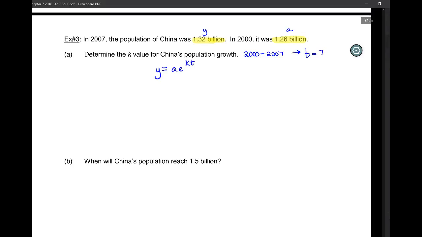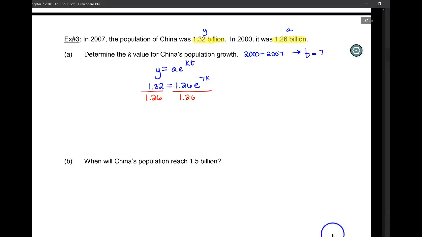Great. Let's plug everything in. We have 1.32 equals 1.26 e to the 7k. Now, is my k value going to be positive or negative? Positive. Definitely positive because it's getting bigger. So if we get a negative, then we know we switched something around. It doesn't cancel nicely like the ones before where you had A on both sides, but we're really using the same process. So we're going to divide both sides by 1.26.